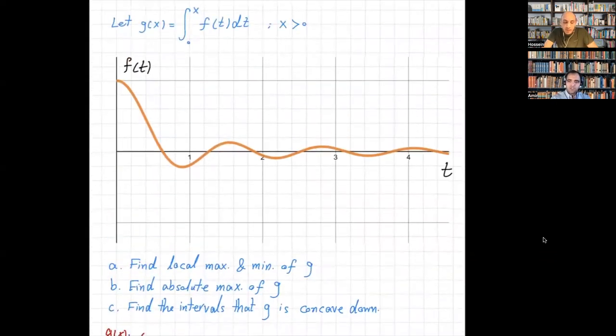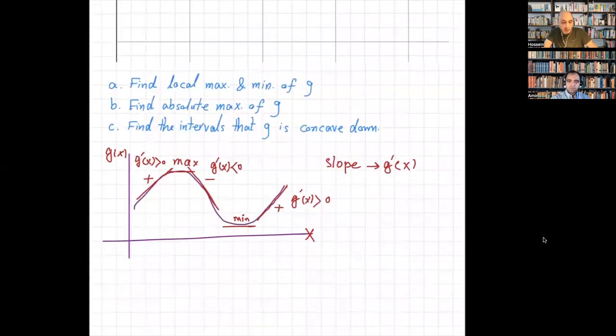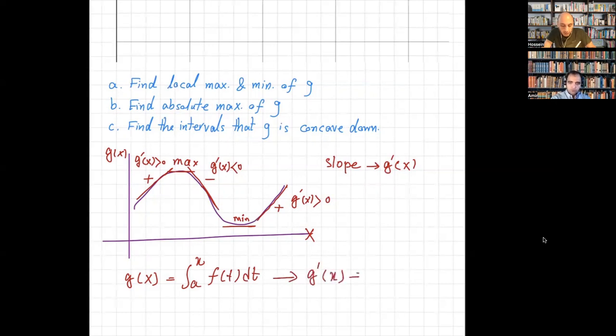And we know that g prime is equal to f. g here is defined as an integral of f of t, and from the fundamental theorem of calculus, we know this: if g of x is equal to the integral from a to x of f of t dt, then g prime of x is equal to f of x.